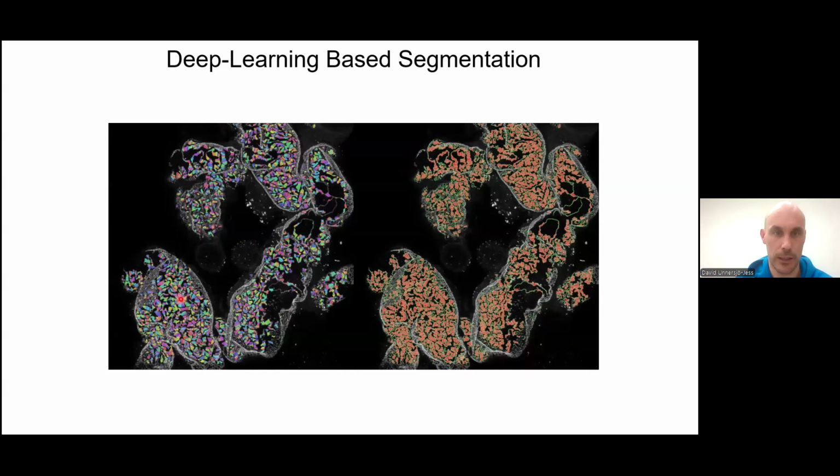With an electron microscope, you would catch maybe 10 or 50 of these structures, but here, in just one image, we can automatically segment hundreds or thousands of foot processes. So we can really generate a lot of data with these new methods.